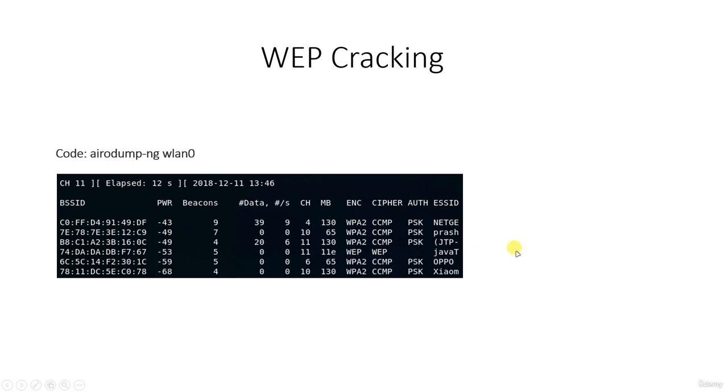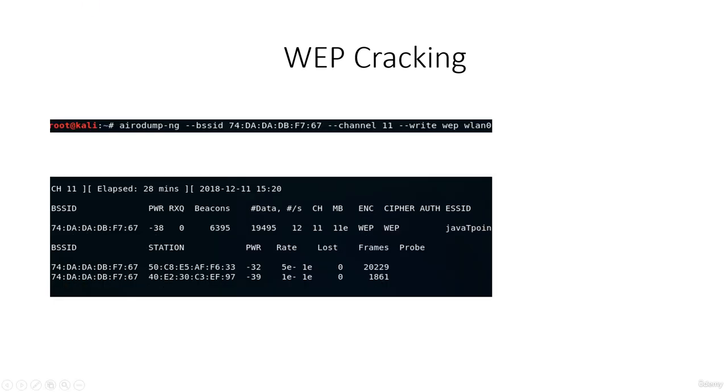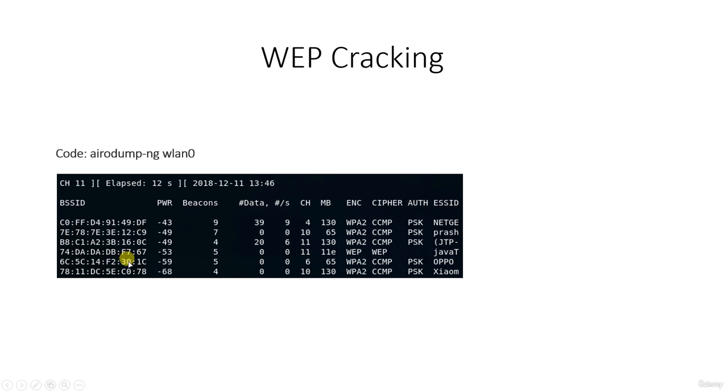On this network we are going to perform our attack, and we are going to run airodump-ng against the JavaTpoint network using this command. Here we run airodump-ng against the JavaTpoint network with its BSSID, which is this one, as you can see.